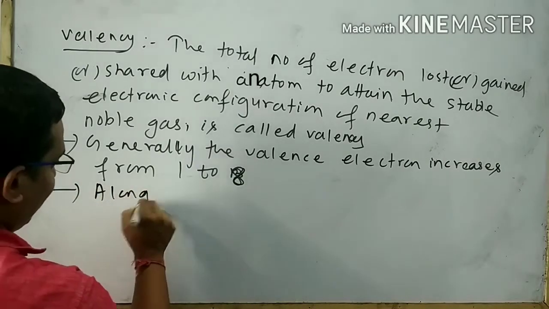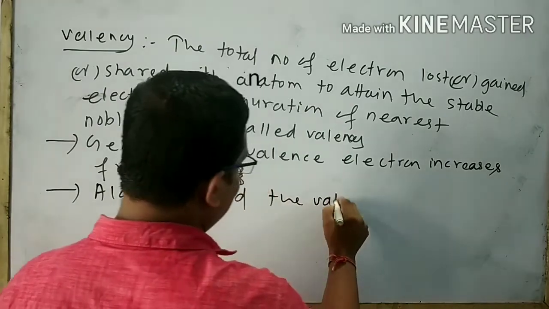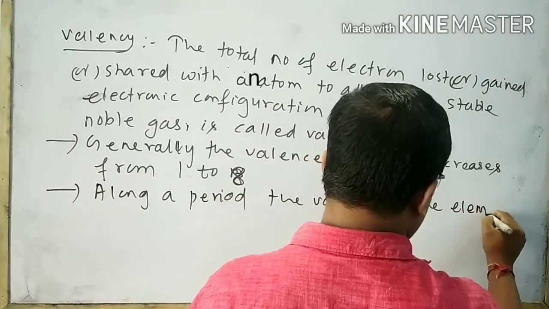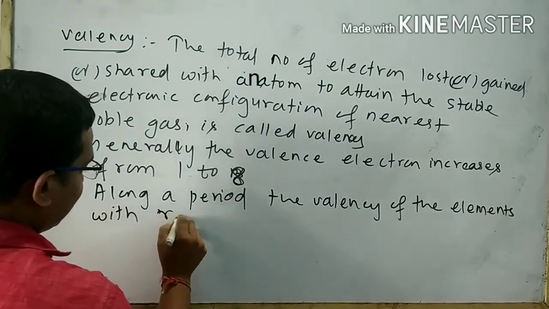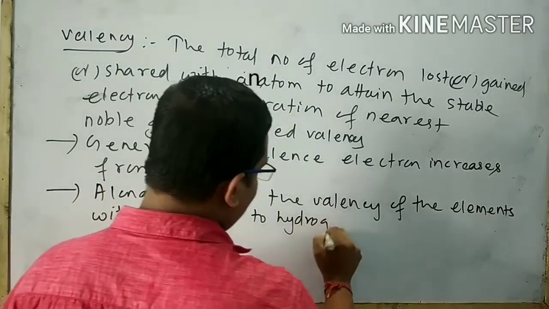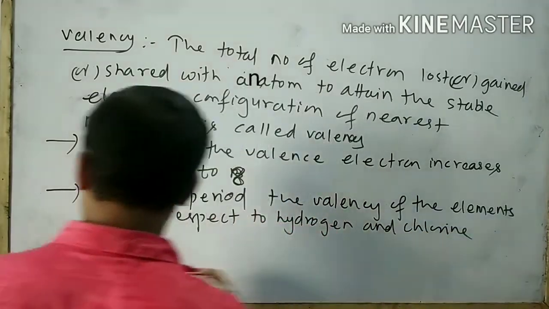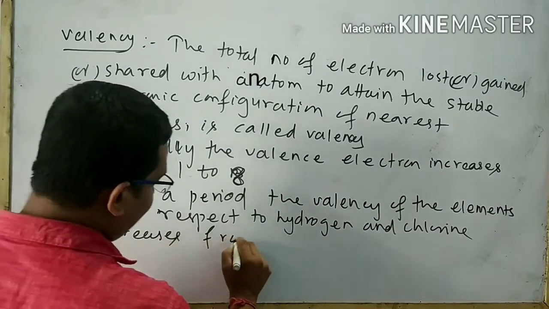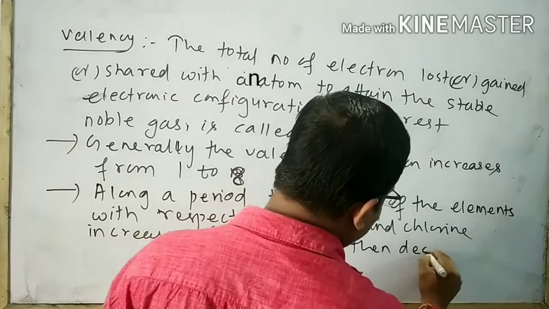Along a period, the valency of the elements with respect to hydrogen and chlorine increases from 1 to 4, then decreases.